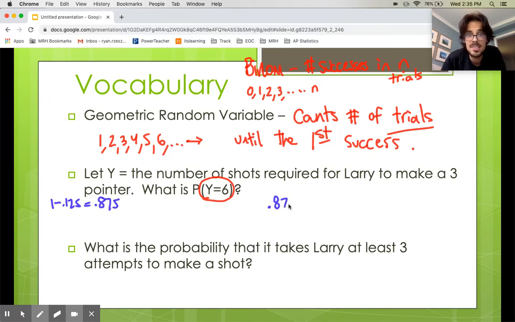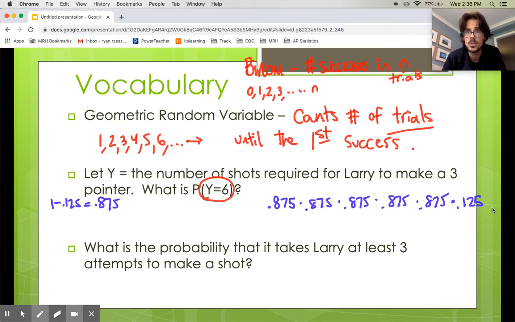So he has to miss the first shot. Well, he also has to miss the second shot, because if he made the second shot, we would go home. He would also have to miss the third shot. He'd also have to miss the fourth. He'd also have to miss the fifth. If he made any of those, the problem would be over. And then on that glorious 6th shot, he finally makes it.